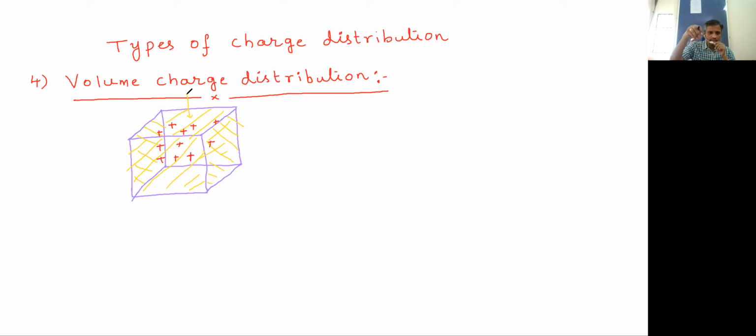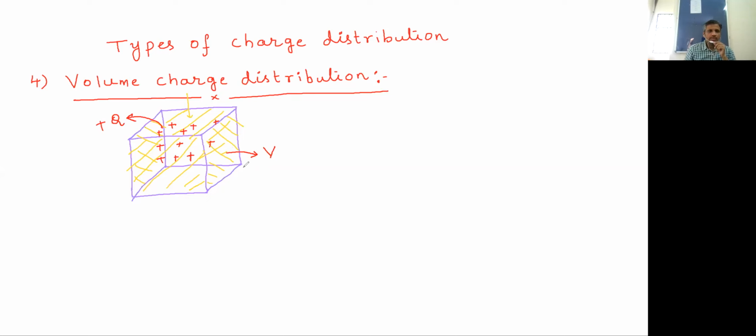Just place the charges simply in air in this particular box. Such a charge distribution we call volume charge distribution. Consider the total charge present is plus q, because the charge is positive, and the total volume v is the volume of this particular box.